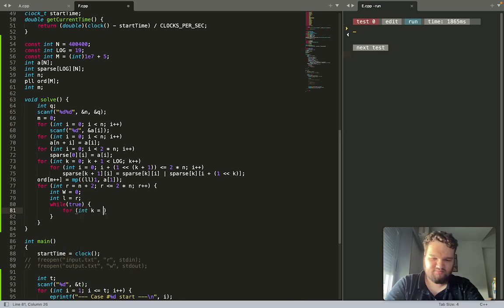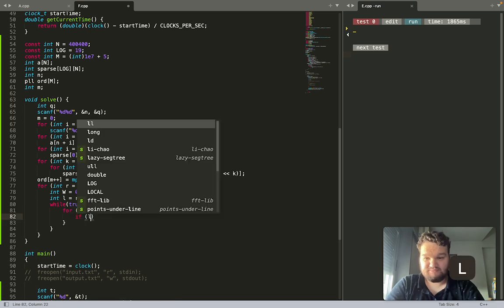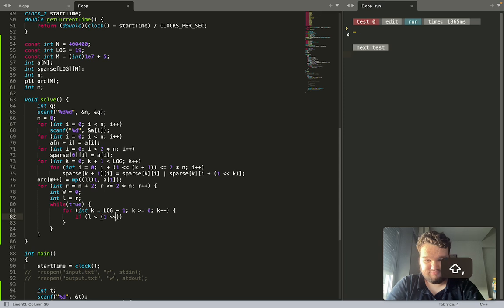And now binary jumps, implemented like binary descent. If I cannot jump by that much, I shouldn't.